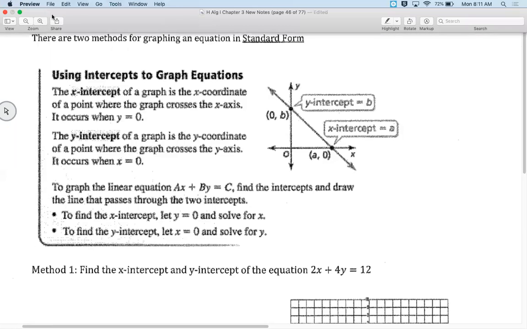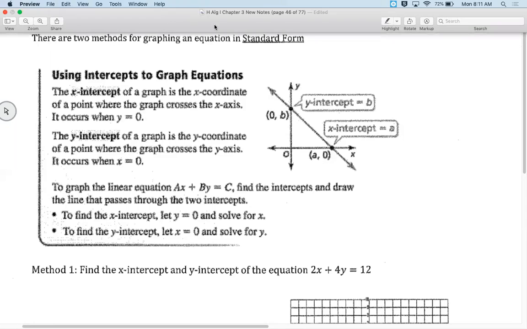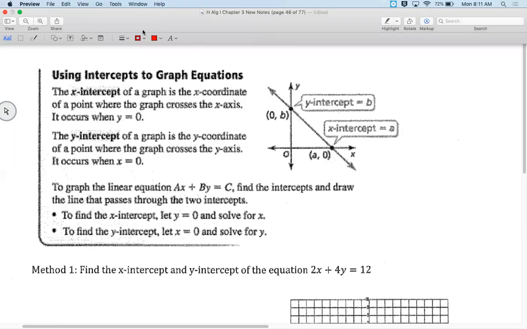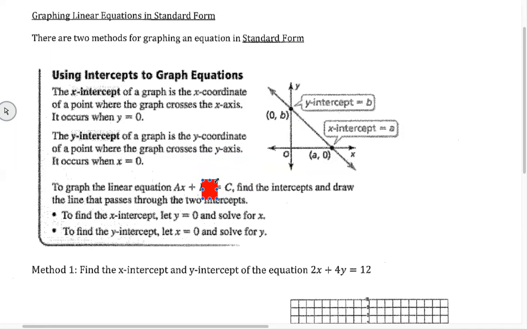So let me see if I can do this for you. All right. So we are going to graph using this method called the cover up method.